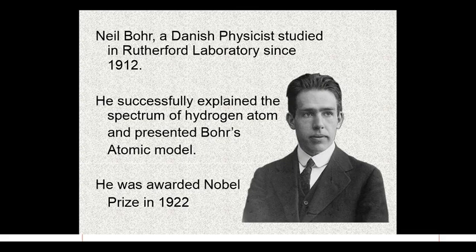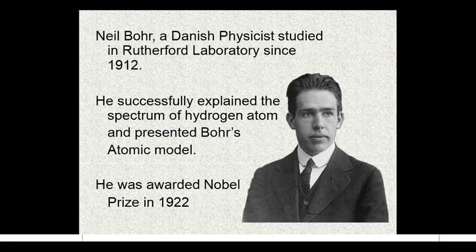And it was Niels Bohr, a Danish physicist who studied in Rutherford's laboratory, explained the spectrum of hydrogen atom and presented his own atomic model, and he was awarded the Nobel Prize in 1922.